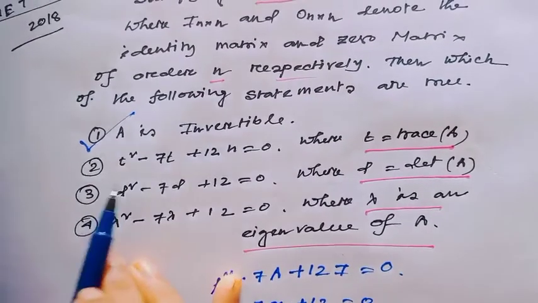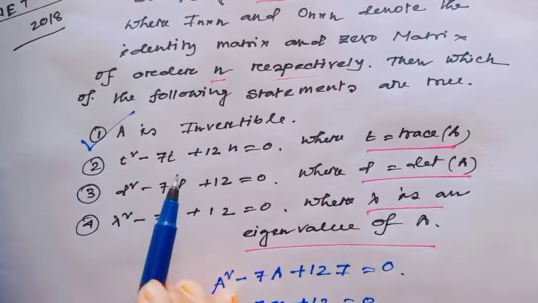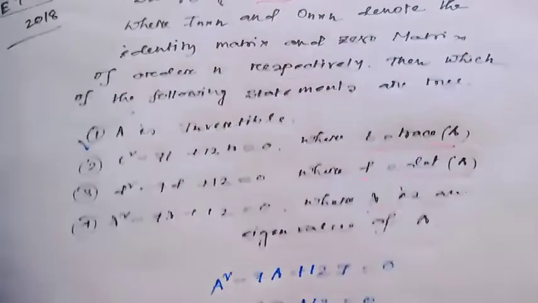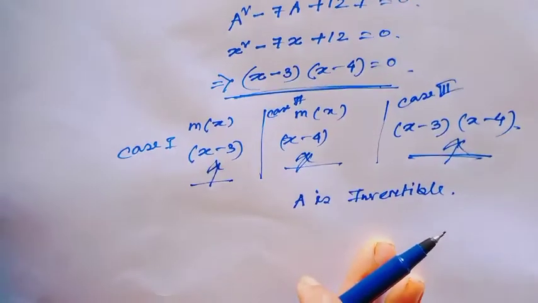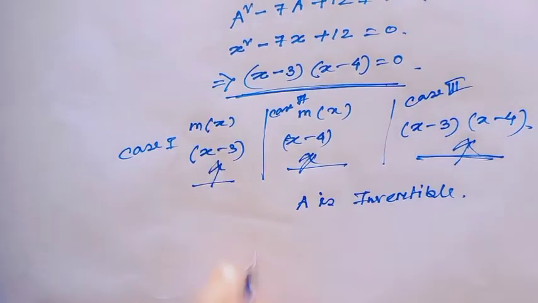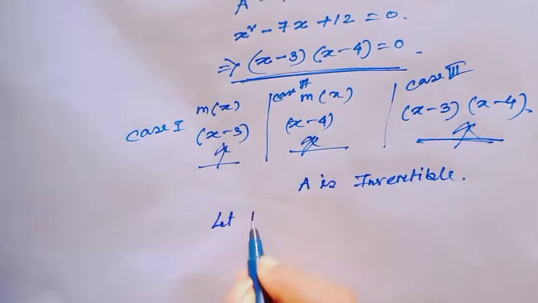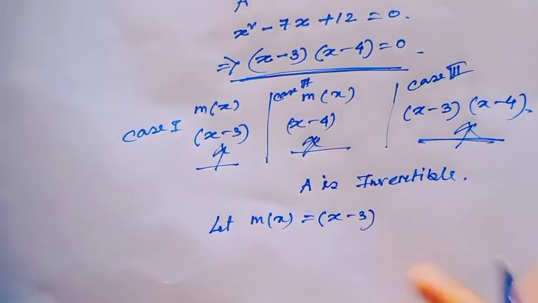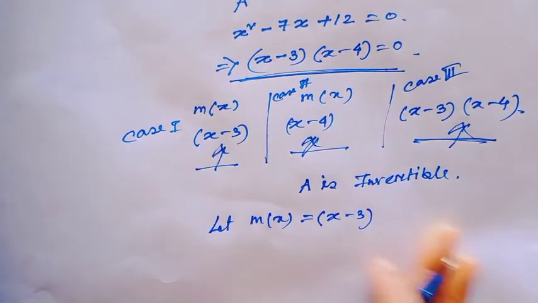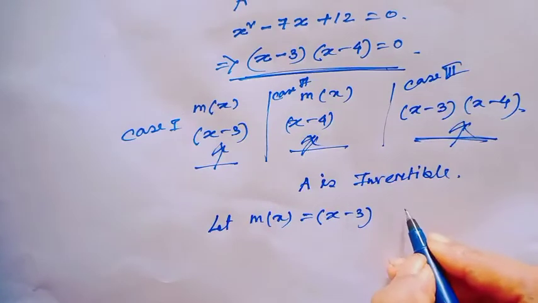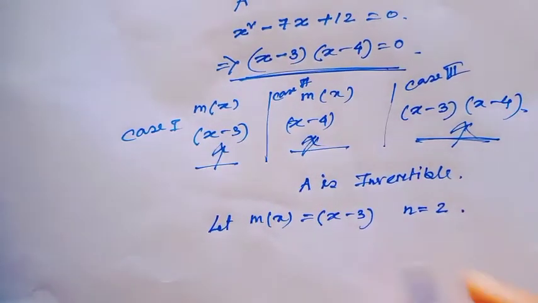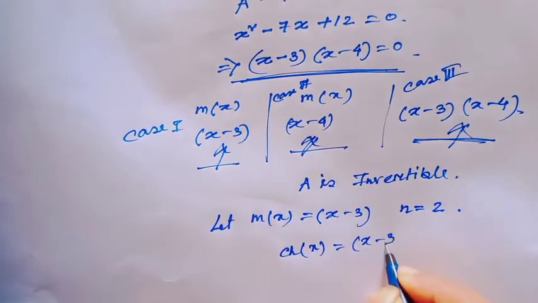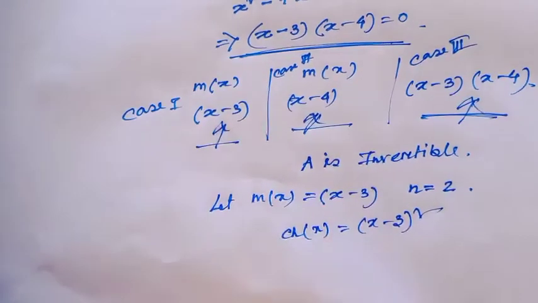And option 2 indicates t square minus 7t plus 12n equal to 0. Consider the minimal polynomial to be x minus 3. Then if we consider n equal to 2, the characteristic polynomial would obviously be x minus 3 whole square.